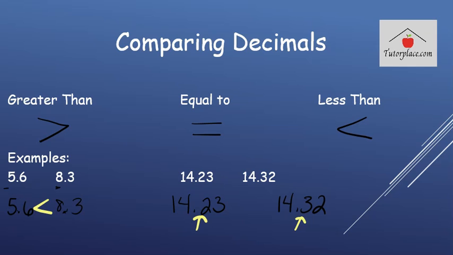Well, 2 is less than 3, so therefore 23/100 is less than 32/100. Again, you're looking at each position, so we compare the 1 with the 1, then the 4 with the 4. They're equal so far. And then I compared this 2 with this 3, and that's where they were different. So right then I could say, the decimal is less than.